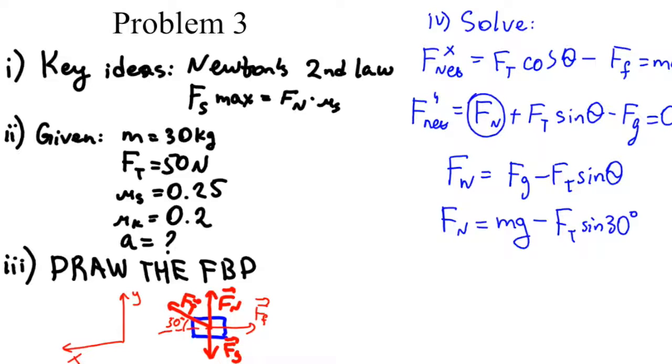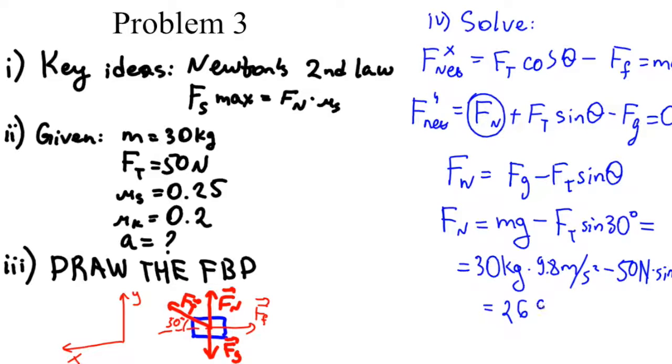So if we plug the numbers here, we get 30 kilograms times 9.8 meters per second squared minus 50 newtons times sine 30, which is approximately 269.3 newtons.